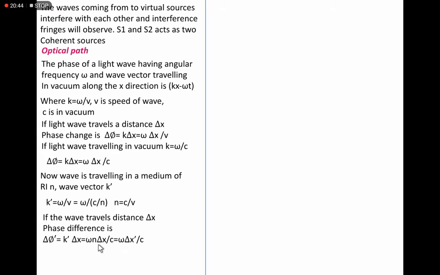For this, n delta x is the path traveled by the wave in the medium, and this is replaced by delta x dash. So the equation is omega delta x dash by c. Here delta x dash is replaced by n delta x.